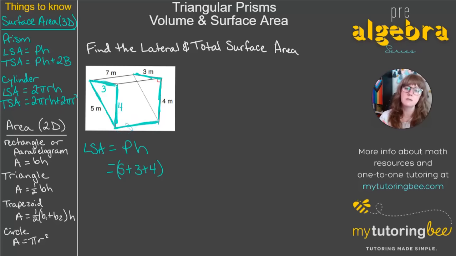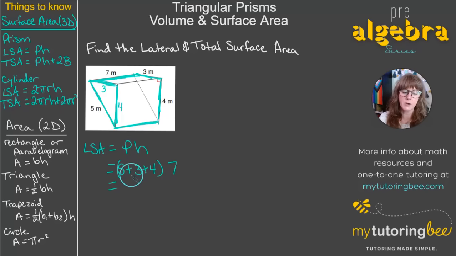So that distance between those two triangles. And as we can see, it's labeled up here, we have a distance of 7 meters. So the height of this triangular prism is 7 meters. Those could be the two most confusing parts about this formula, even though it really only has seemingly two pieces, but it's a lot more complicated than that.